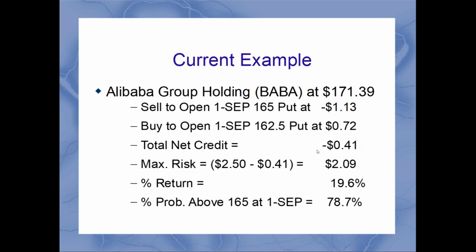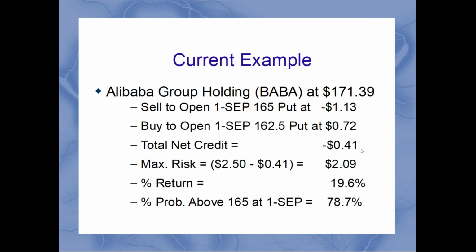But now the maximum risk, the most I could lose, if Alibaba falls below 162.50, September 1st expiration, is $2.09. The difference in the strike price is $2.50 minus the net credit I received. Okay? The percent return, I'd have to have on hold in my account $2.09 per contract.